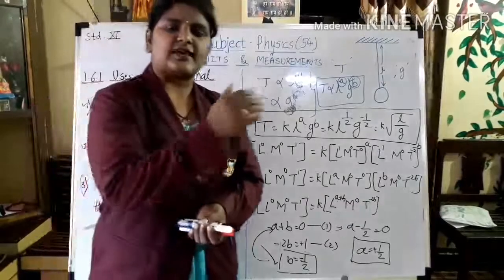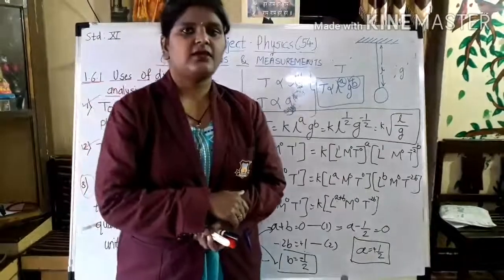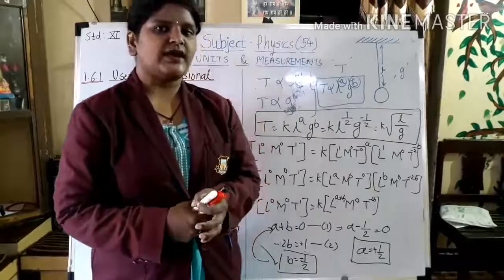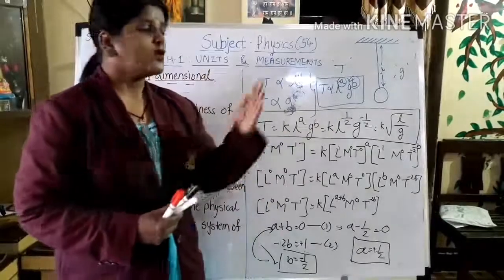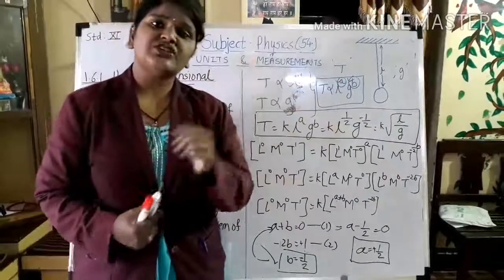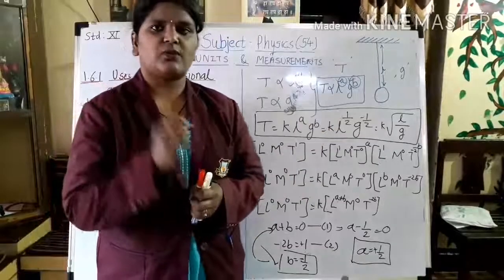Joule is in SI system and erg is in CGS system. So we are going to find out the conversion factors between both of them. That means 1 joule is equal to how much erg, or 1 erg is equal to how much joule, that we are going to find out.